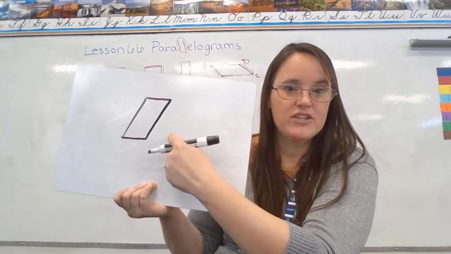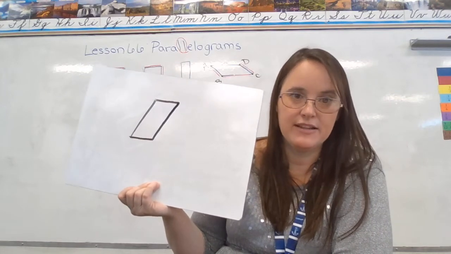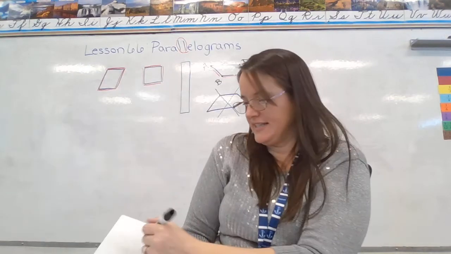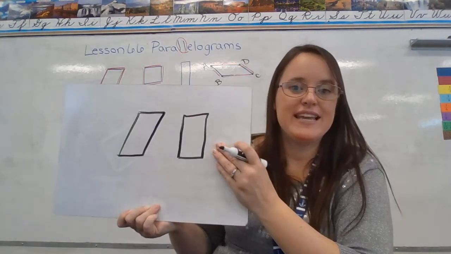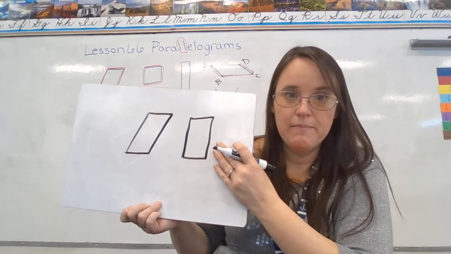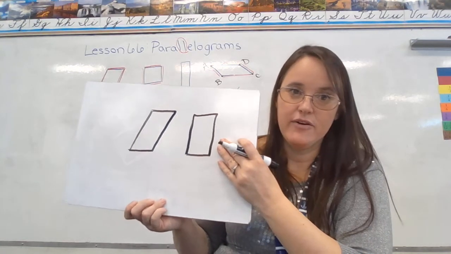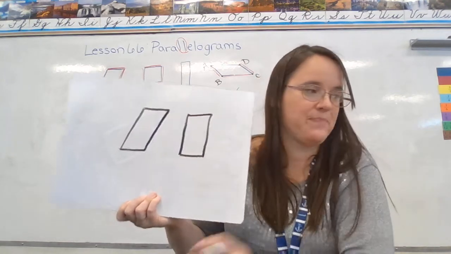So if you saw this shape and they said name that shape, you would call it a parallelogram. Versus if you saw this shape and they said name that shape, it is a parallelogram, but we would call it a rectangle because it's a more specific type of parallelogram.